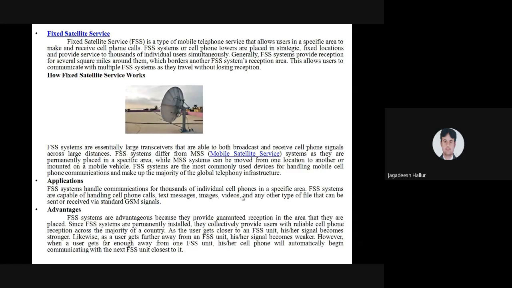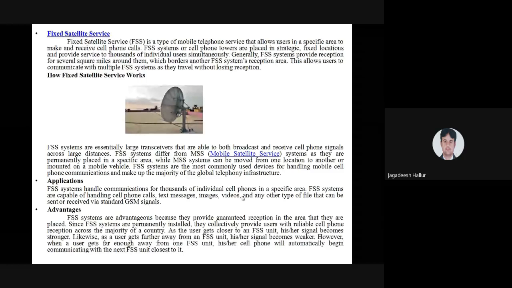This allows users to communicate with multiple FSS systems as they travel without losing the reception. This means that whenever you are moving, your call will not be disconnected.